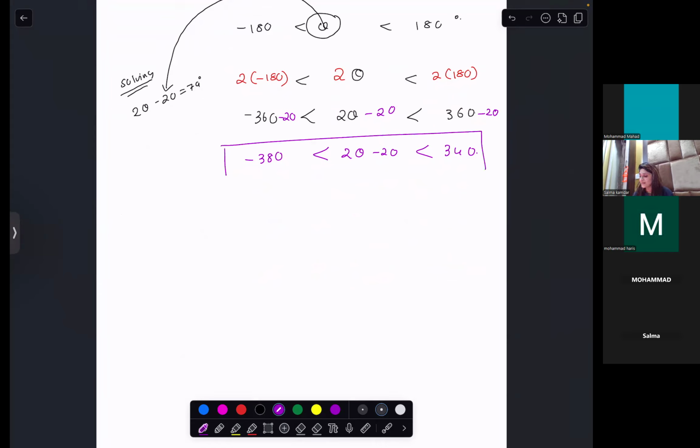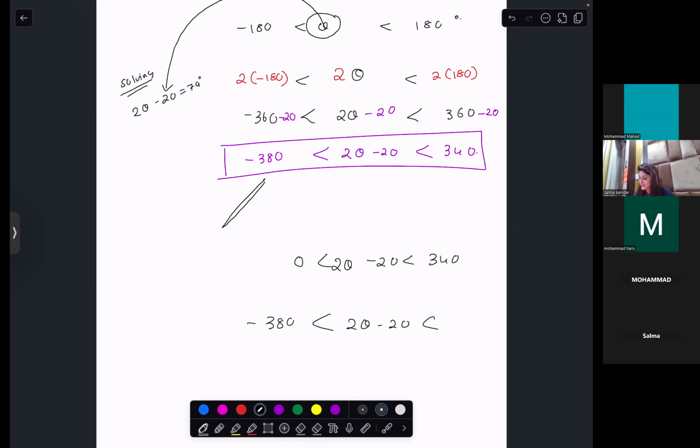Now what will I do? I need to break this into one positive and one negative range. So 2 theta minus 20 would be from 0 to 340, and 2 theta minus 20 would be from minus 380 to 0.